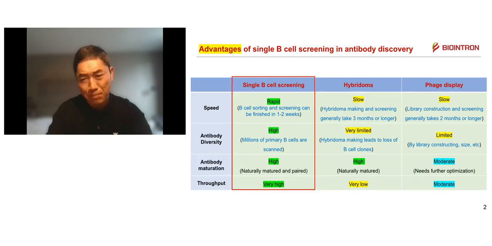So after you get the antibody sequence, you might have to do some further optimization to make the antibody more mature, more stable, and so on. Finally, throughput. I would say single B cell screening is very high throughput. I will show you why. With hybridoma, it's super low, and time-consuming. And for phage it is also low, although not as low as hybridoma.